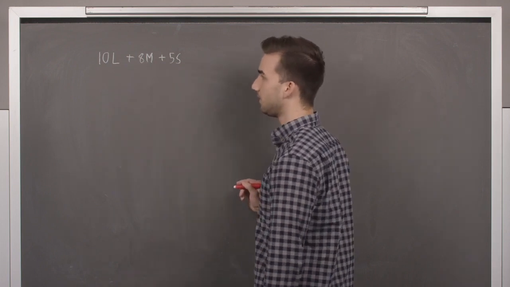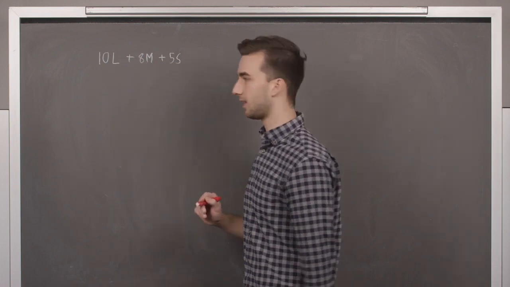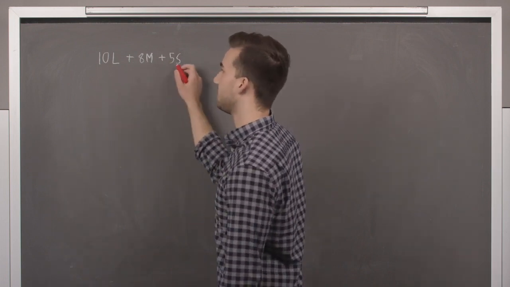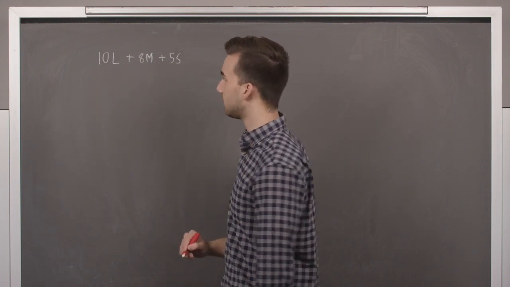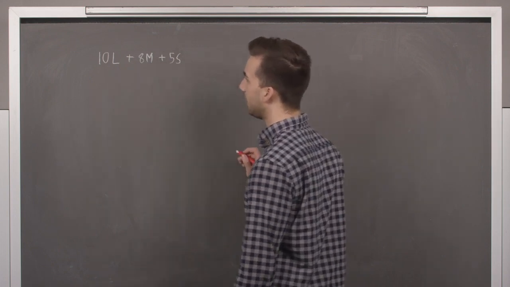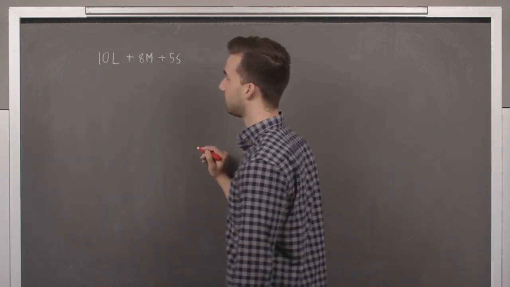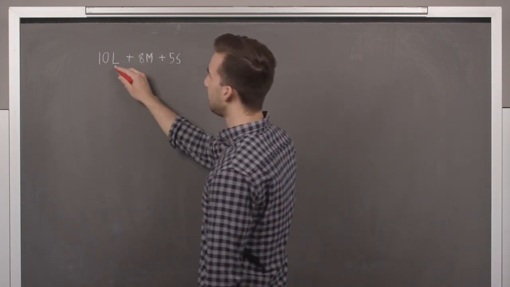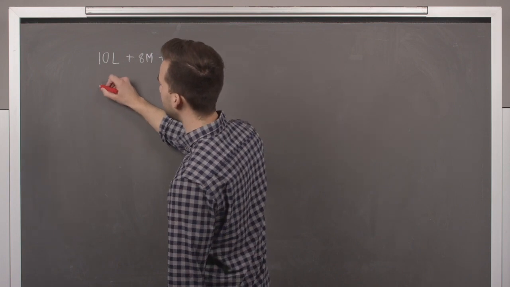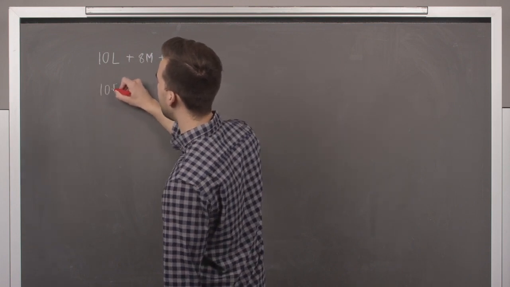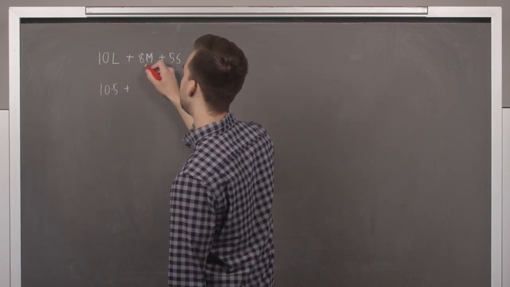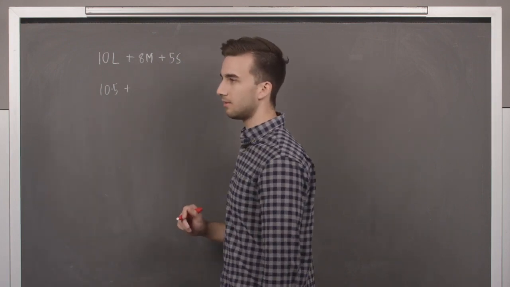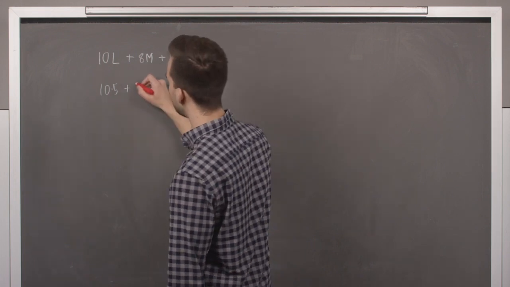What we can do is calculate the amount of money she will spend no matter what combination she ends up buying. So let's say she wanted to buy 5 large pizzas, 2 medium pizzas, and 10 small pizzas. Well, if she wanted to buy 5 large pizzas, we could just plug in the 5 for the large.